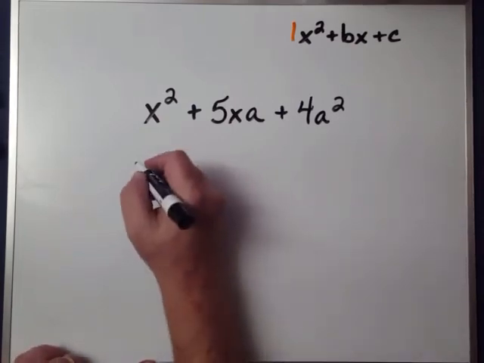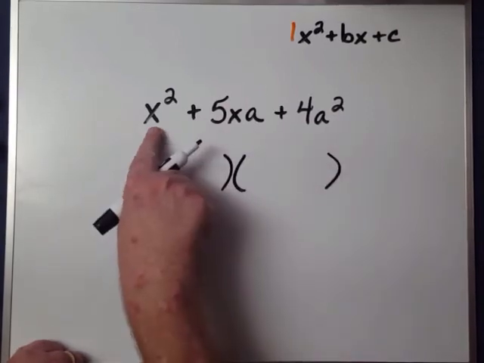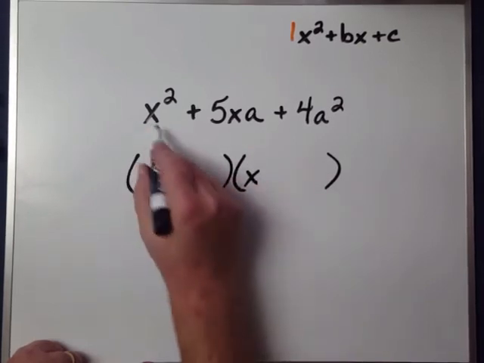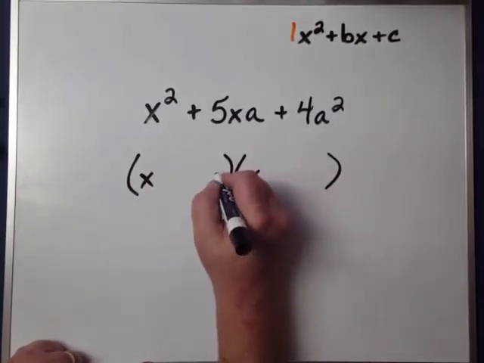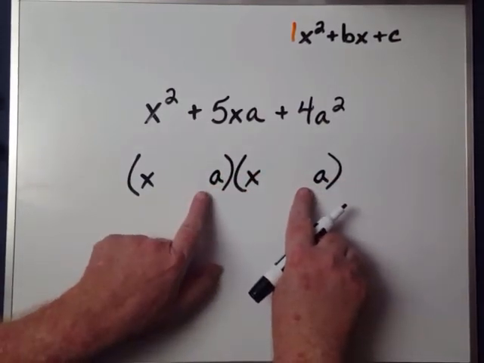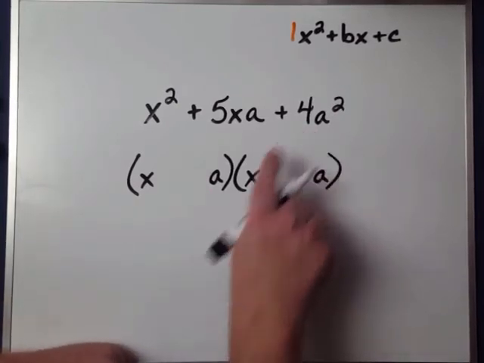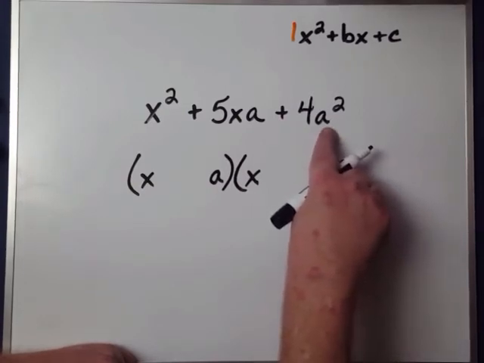I'd be looking for two binomials that what? Each start with an x, so that when I have product of the first, I get my x squared back. And what? Each end with some type of a term. Now these a's are going to have numbers on them, because I've got to get that 4 as well. It's going to start with a couple x's. It's going to end with a couple of a-type terms.